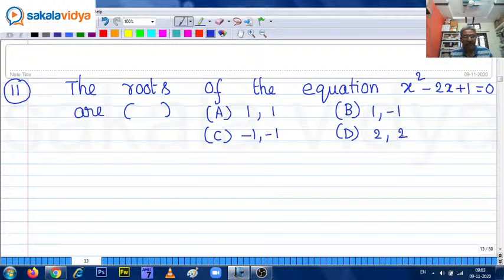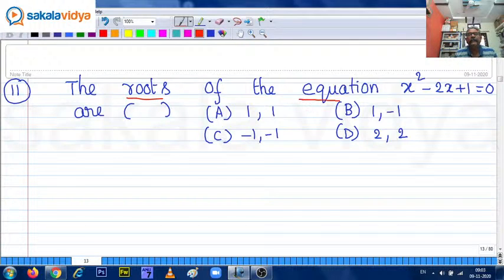So what is the answer? Option A. Yes, good try, good try. Good try, Subhadra.